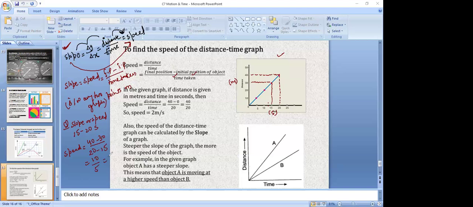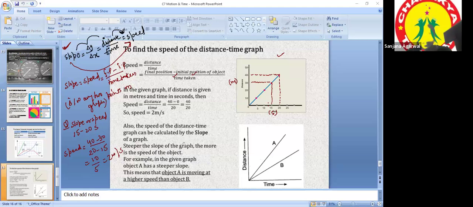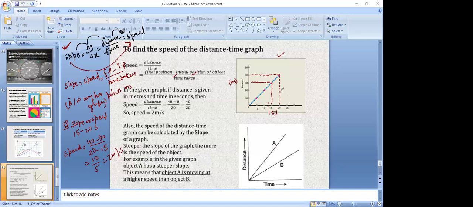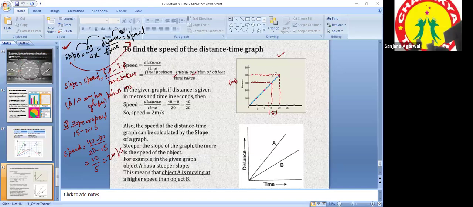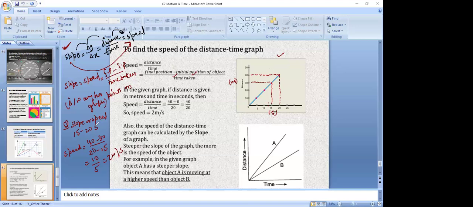Ma'am, how to find the time taken? Dear, subtract the 2 values. Ma'am, but how do we know it is exactly at 15? Sometimes it may be at 10 or 0. Okay, because it's mentioned in the question.